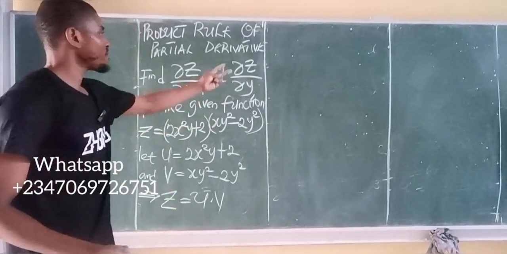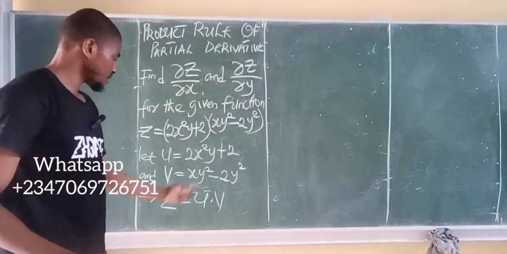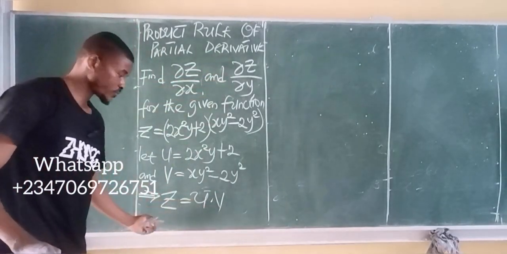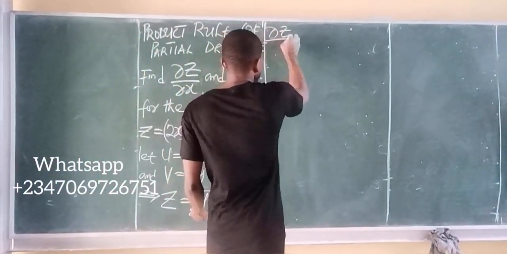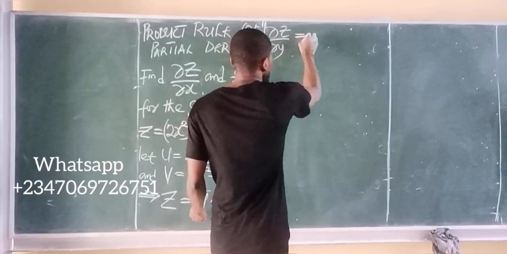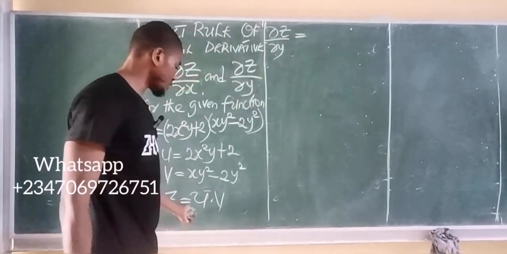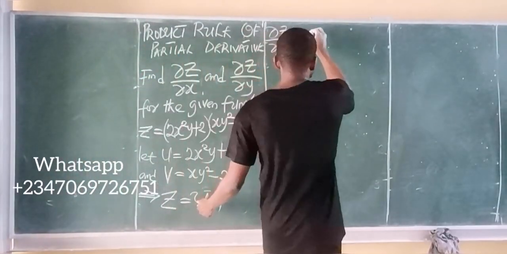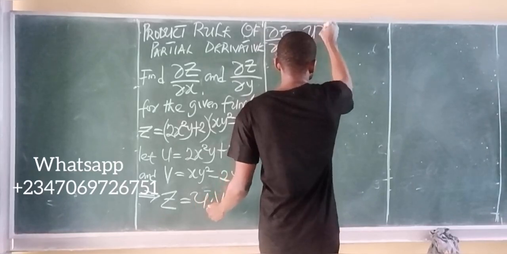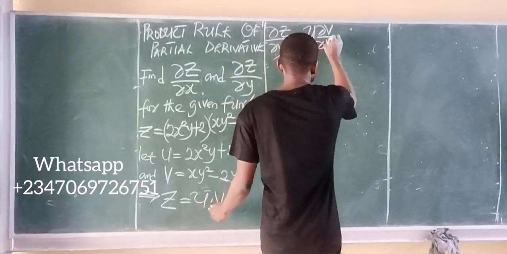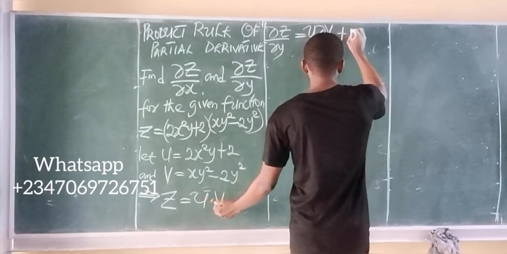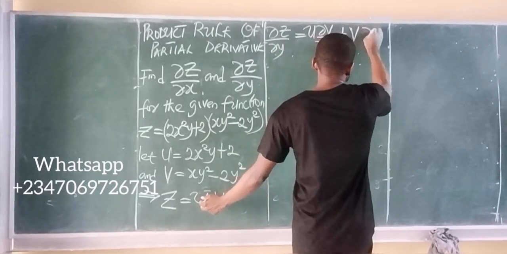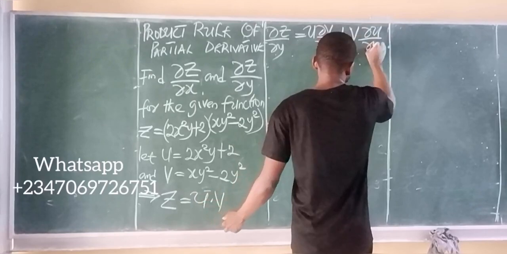All right, so to find partial z partial y, since this is also a product function, we know that partial z partial y, now we are differentiating with respect to y. From the law still, keep u constant. So I hold u, differentiate v with respect to now y, plus you keep v constant. Now you differentiate u partially with respect to y.